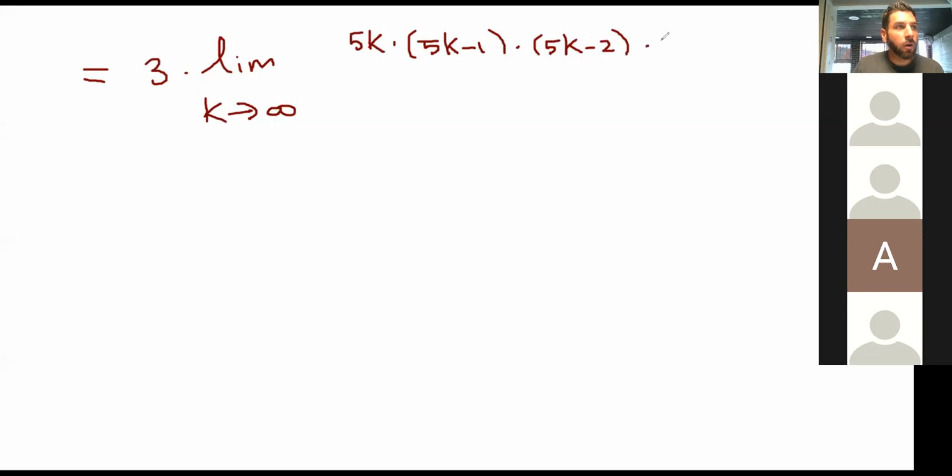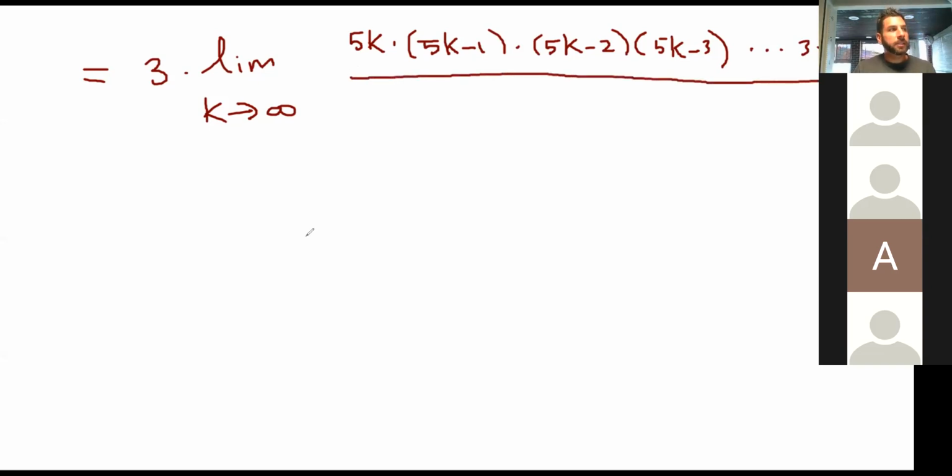And then let's add the next couple in. Who comes before that is 5k minus 3. And then you go all the way down to 3 times 2 times 1. And that's the numerator.